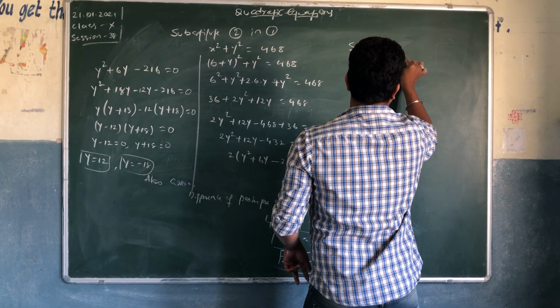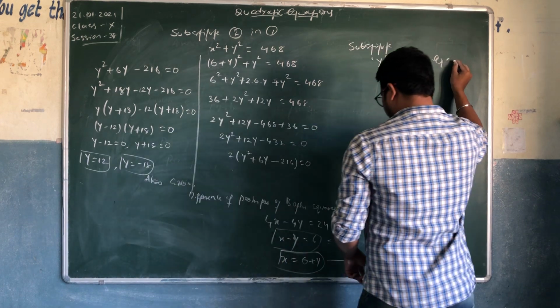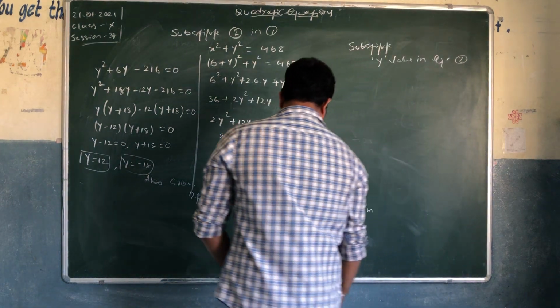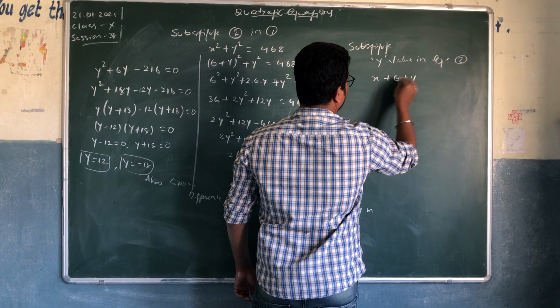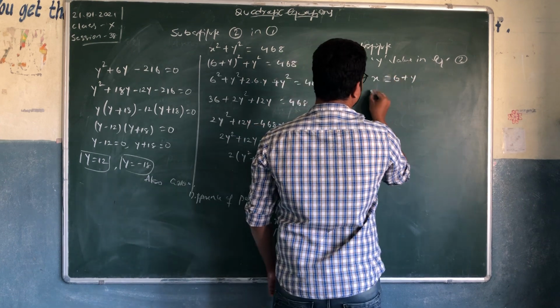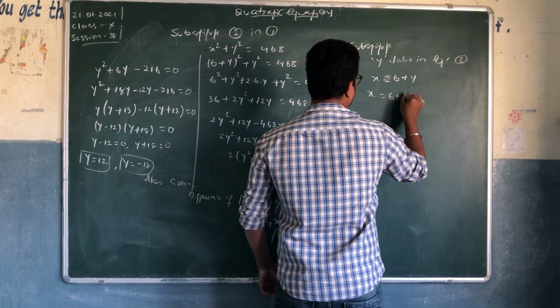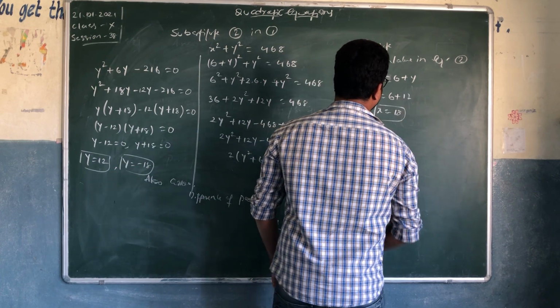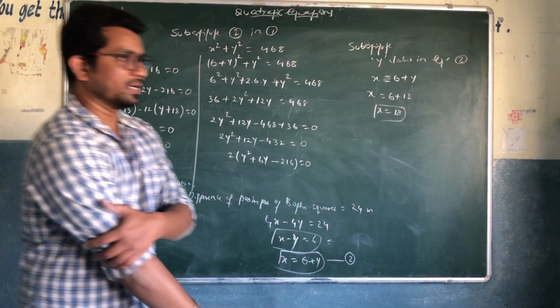We have x is equal to 6 plus y. Now x is equal to 6 plus what is y? 12. So x is equal to 18. So the x value is 18 meters and the y value is 12 meters.